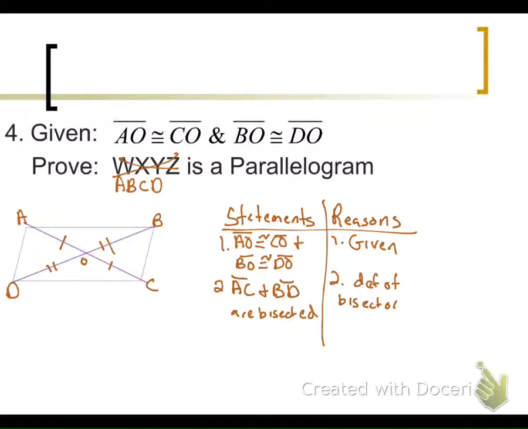Okay, our third step is saying what we know. We know that ABCD is a parallelogram. And we know this because of what? By the property that diagonals of a parallelogram bisect each other.